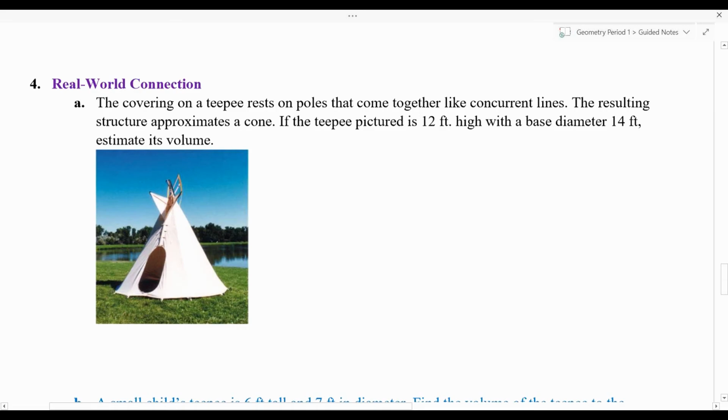Alright, so let's do this. Again, the formula is 1/3 the area of the base times height. So the base is going to be pi r squared. We do not have the radius. They gave us the diameter. Again, we can say that the radius is the diameter divided by 2, which is 14 divided by 2, which gives me a 7.